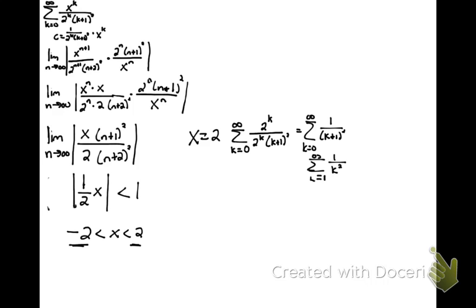And I know that this converges, so I know that this must converge. And someone may ask, well, the original series was k equals 0. How does that change things?